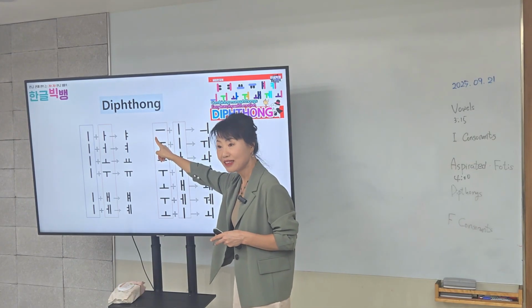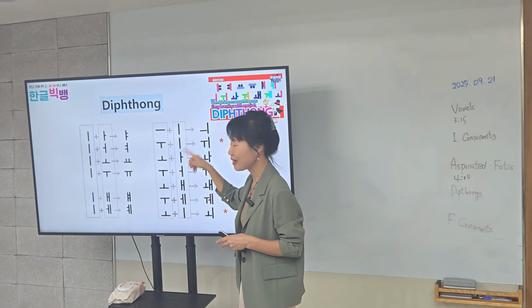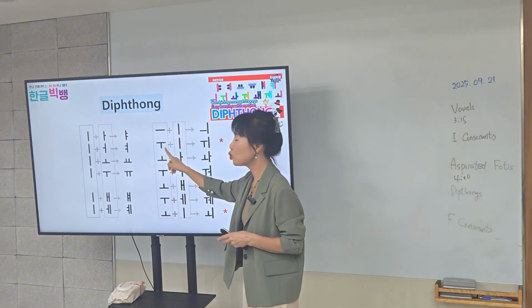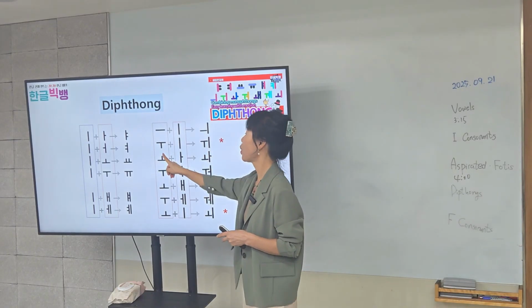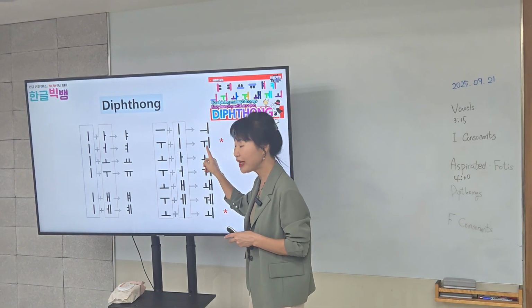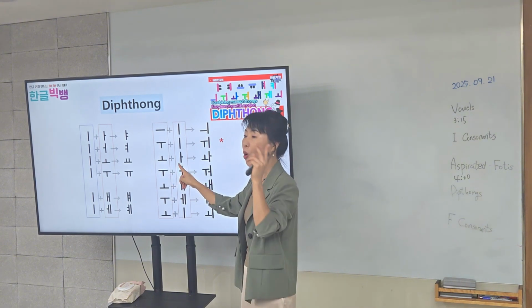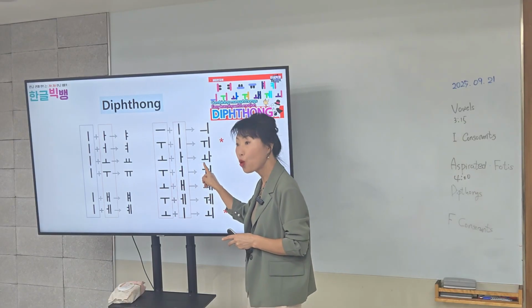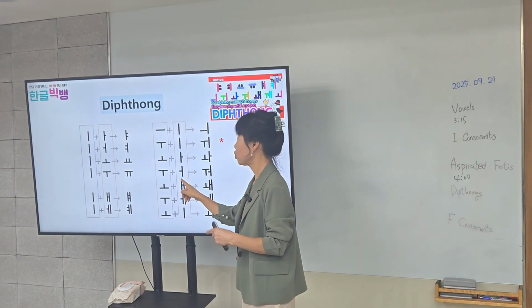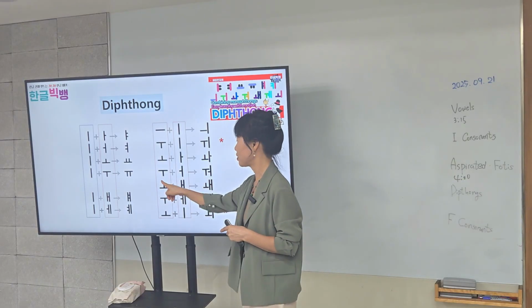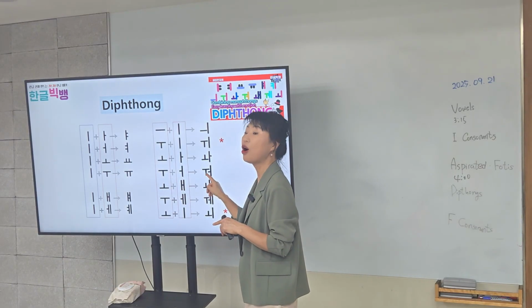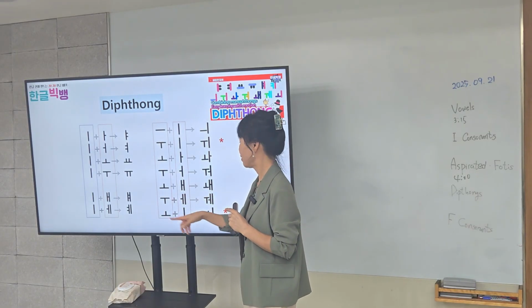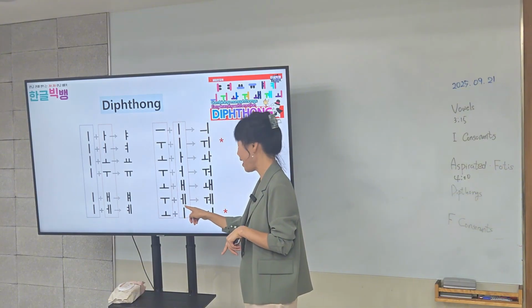Once more, I, ui. 의, and 우, 이, 위, good. 오, 아, 와, good. 오, 아, 와, and 우, 어, 워. Once more. 우, 어, 워, good. 오, 에, 왜, good. 우, 에, 왜.